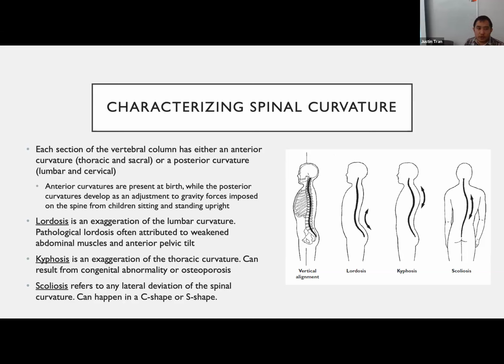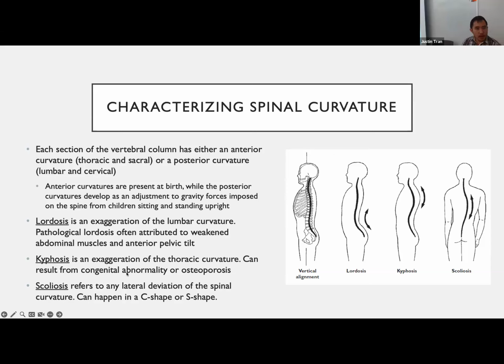That's usually attributed to either weak abdominal muscles or some kind of abnormal tilt in their pelvic bones. If you have pathological lordosis, you may consider something like physical therapy to help with your posture, to straighten your spine into something a bit more healthy and sustainable.